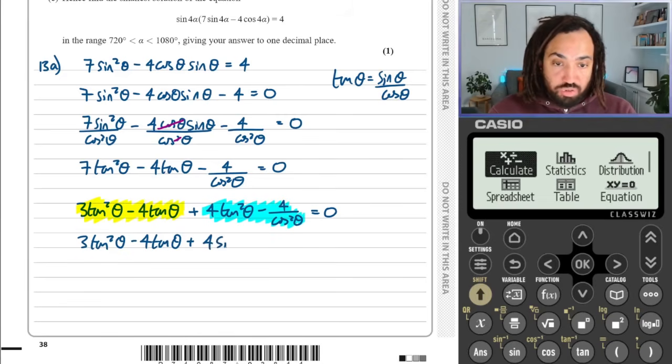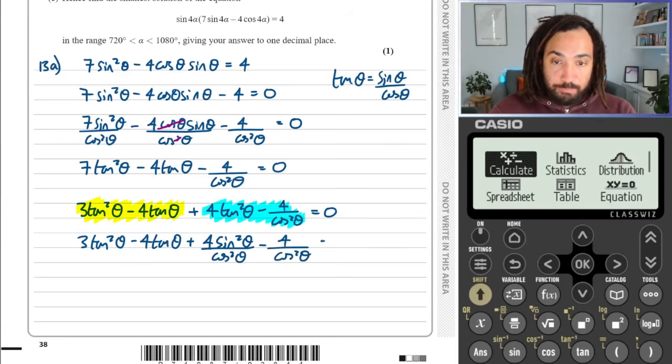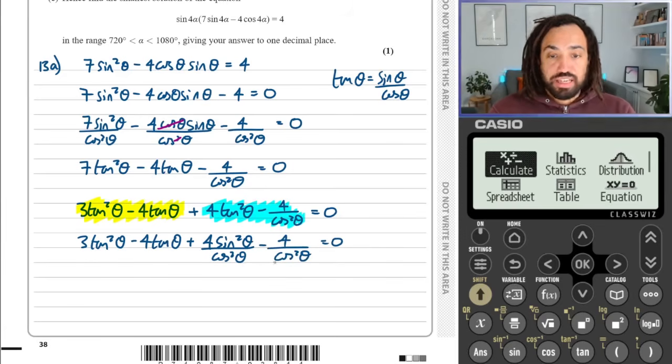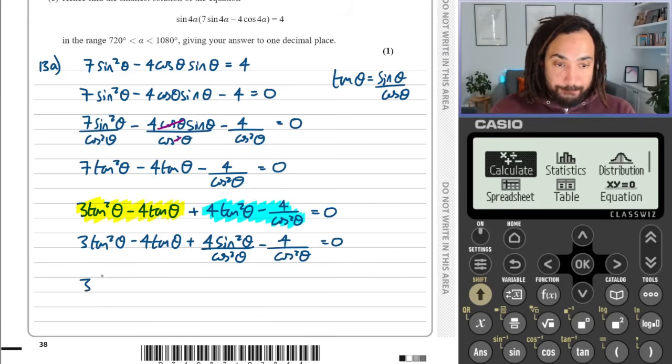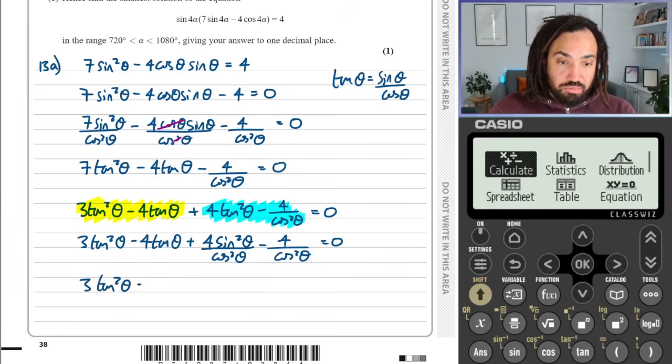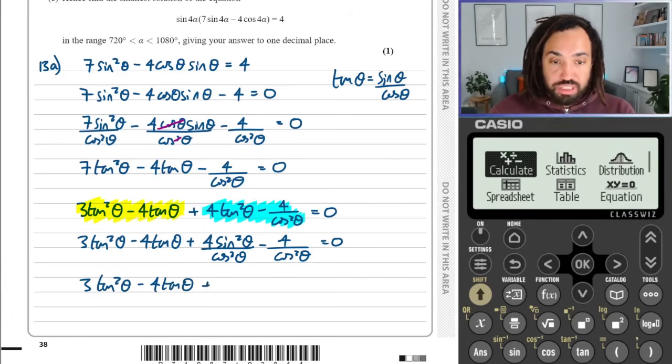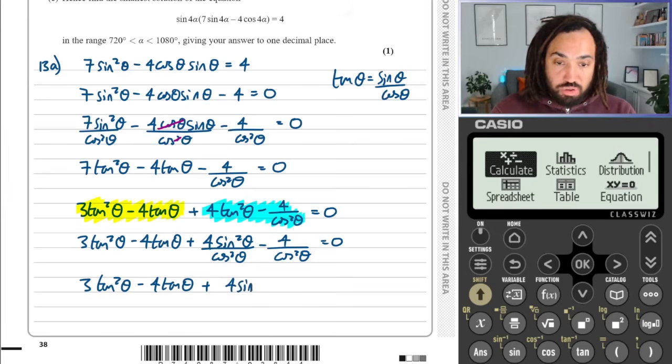So we can write this as 4 sine squared theta over cos squared theta, like so. Now they've got the same denominator, so we can write them as a single fraction, which is great. So this becomes 4 sine squared theta minus 4 all over cos squared theta.